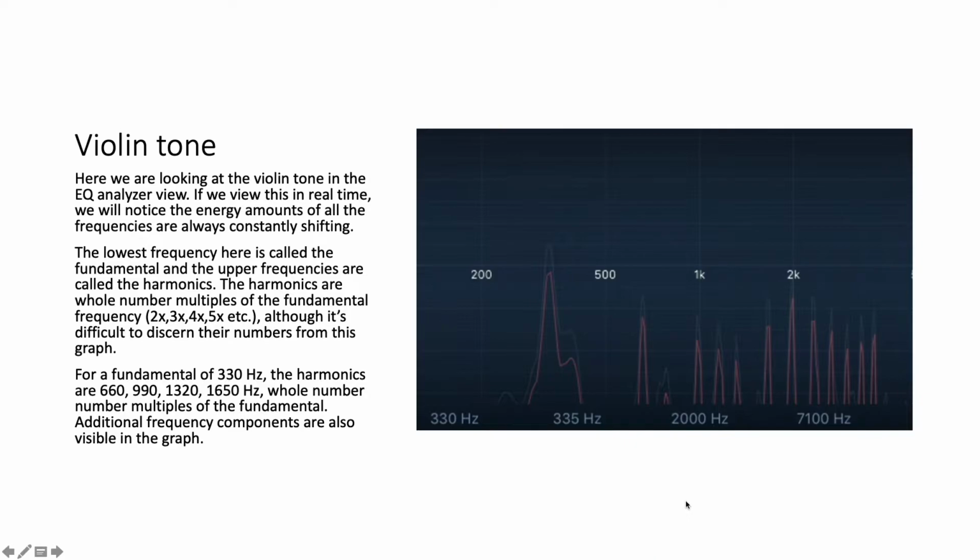The harmonics are whole number multiples of the fundamental frequency, 2 times, 3 times, 4 times, 5 times, etc. It's difficult to discern their numbers from this graph. The harmonic overtone series is based on whole number multiples of the fundamental frequency. So for a fundamental frequency of 330 Hertz, the harmonics will be 660, 990, 1320, 1650 Hertz.